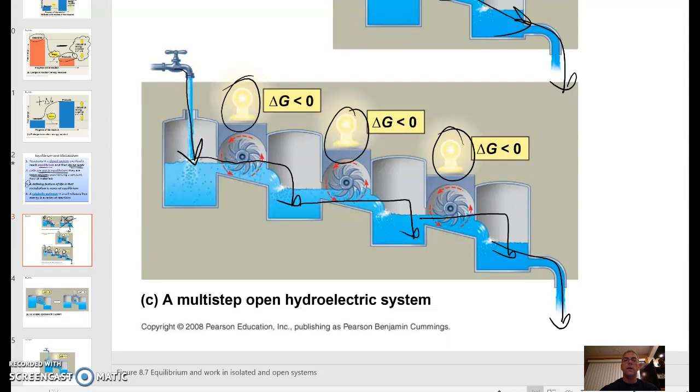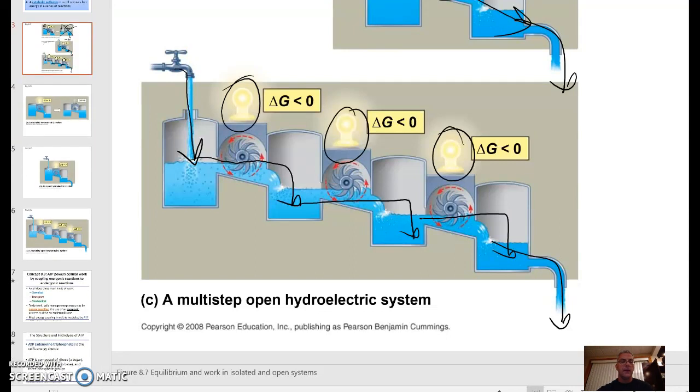So each one of these incremental steps is going to give us the capacity to do biological work. All right. And that's something that we're going to examine many times over. So hopefully that helps clear up a little of the information about the reaction and the concept of free energy.